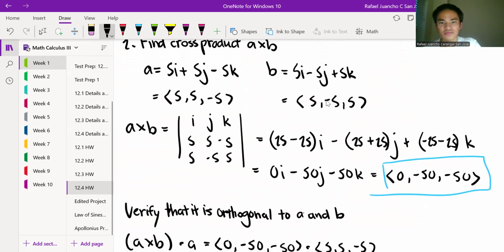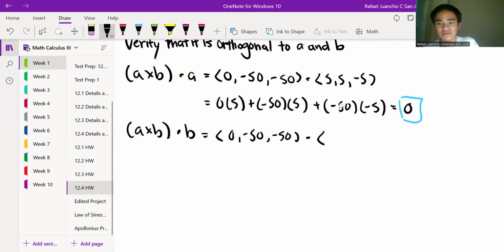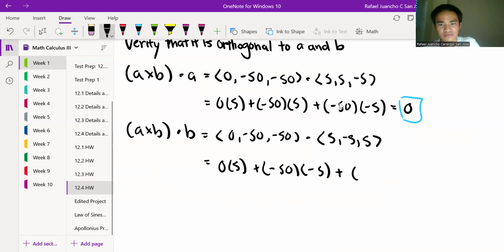Okay, so components are 5, negative 5, 5 for our vector B. I'm gonna put it here because I don't want to run out of space. And yeah, I can already see it. Same idea. Also 0.